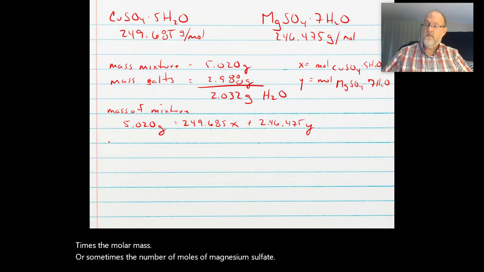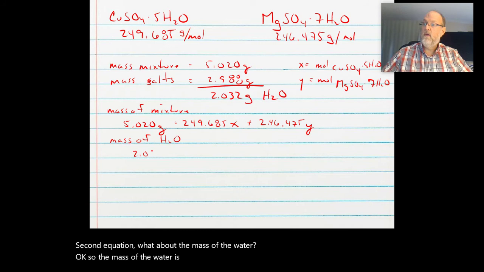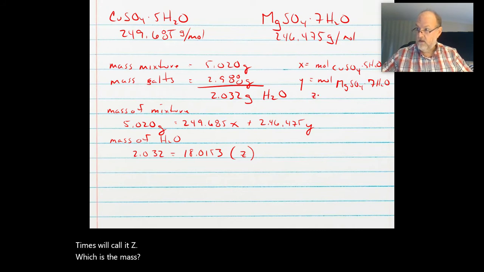Second equation, what about the mass of the water? Okay, so the mass of the water is 2.032. That's going to be equal to the molar mass of water, 18.0153, times, we'll call it Z, which is the moles of water.